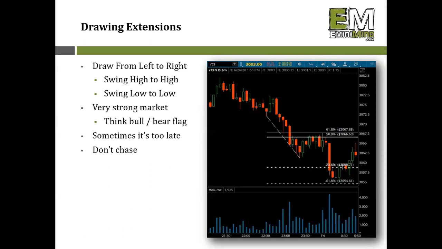Even if you goof up an entry, or I put in an order and price is already through my level or touched my order and taken off, okay, I missed it. There's going to be another trade, especially if you're day trading. I only trade the first 90 minutes of the day, and there are plenty of opportunities.